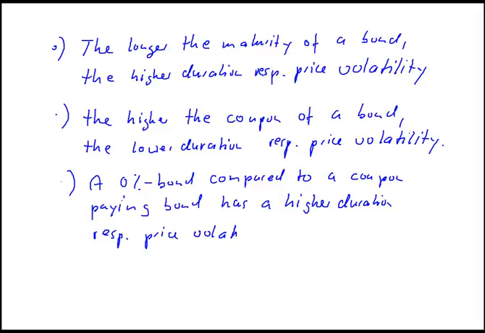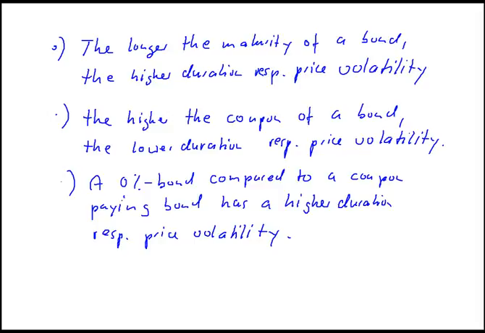It is clear that both bonds, the coupon paying bond as well as the zero coupon bond, must have the same maturity. If this is the case, then the zero coupon bond will have a higher duration, respectively a higher price volatility.